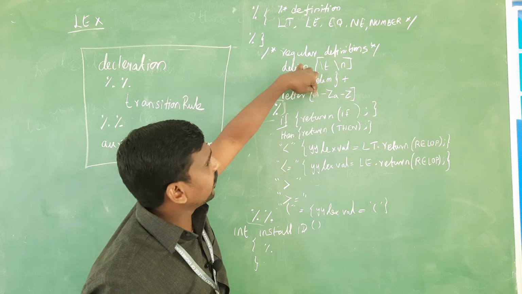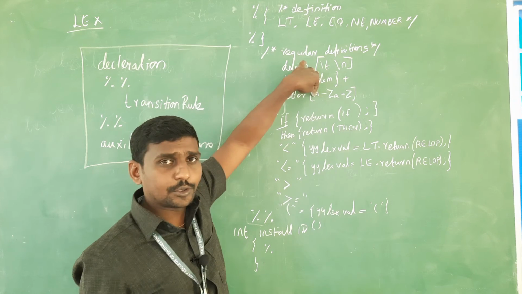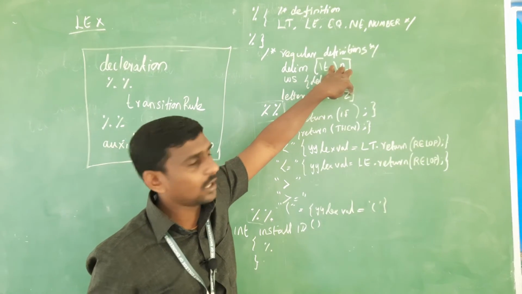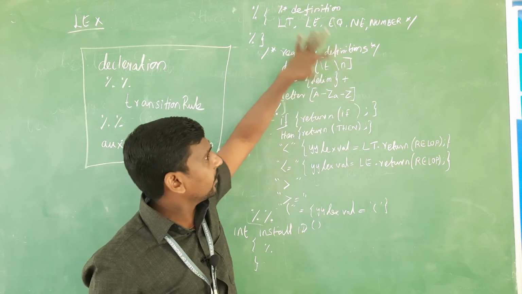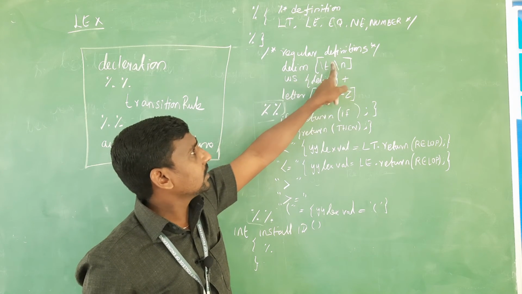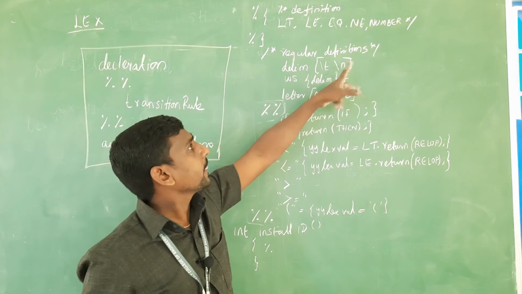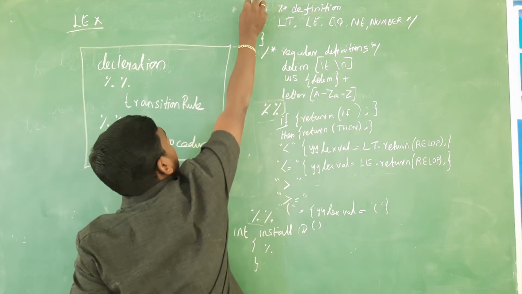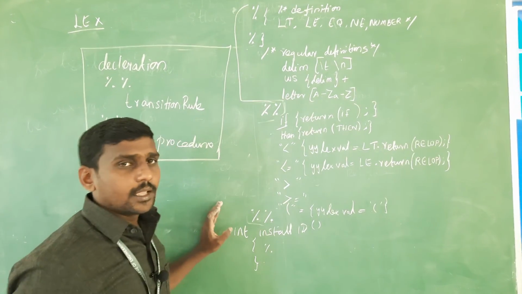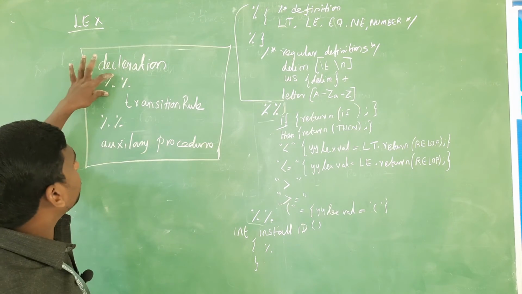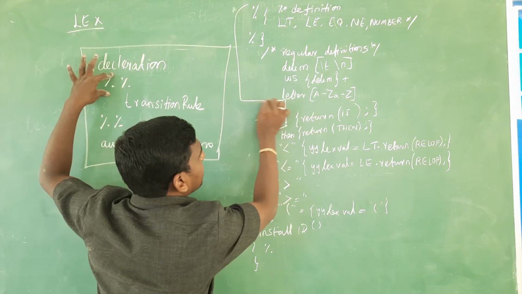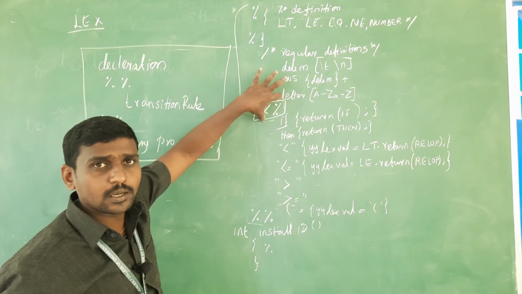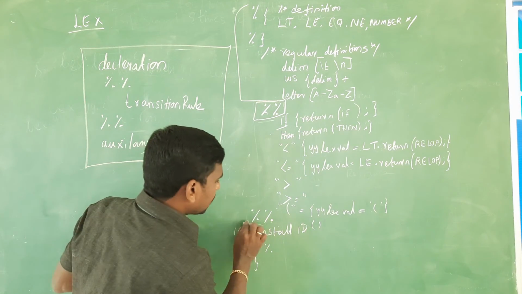Letter should be capital A to capital Z, or small a to small z, etc. And the symbols are \t, \n and plus. These are the declaration part. So till this it is a declaration. Okay. And I told you, before the transition rule it starts with the two delimiter symbol. See, it starts with the two delimiter symbol and ends with the two delimiter symbol.